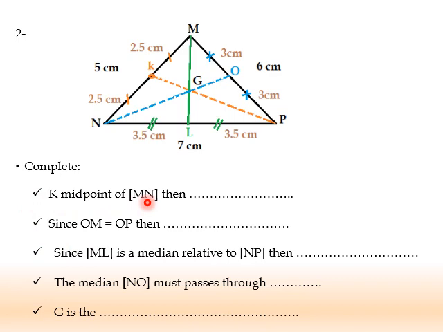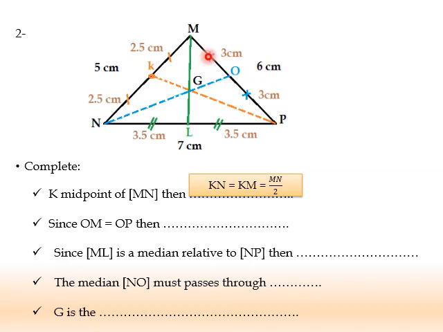K is the midpoint of MN. Then what can I say? KN equals KM equals half of MN, or MN over 2. That's how we calculate. Since MN equals 5 and K is the midpoint, clearly MK equals KN equals 2.5 centimeters.